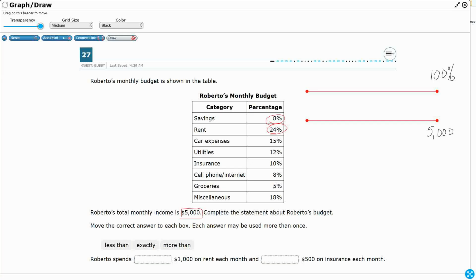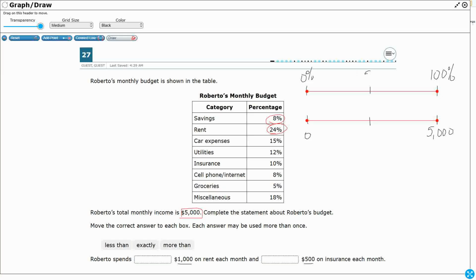These two mark my endpoints, and obviously 0 is going to be 0%. So I can use reasoning to find my way down to $1,000 and $500.